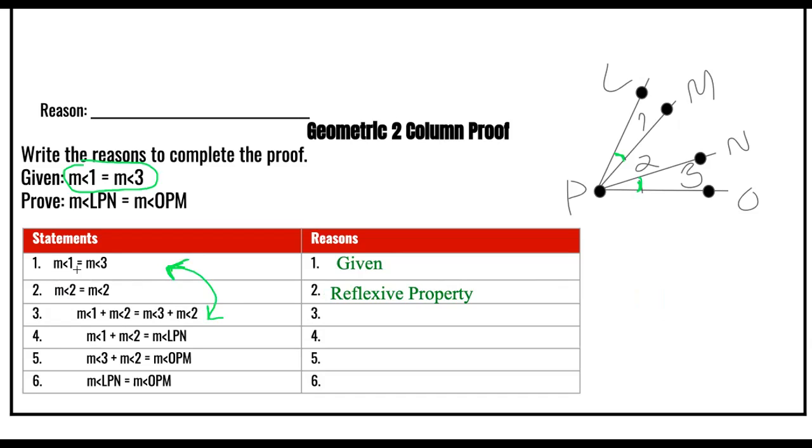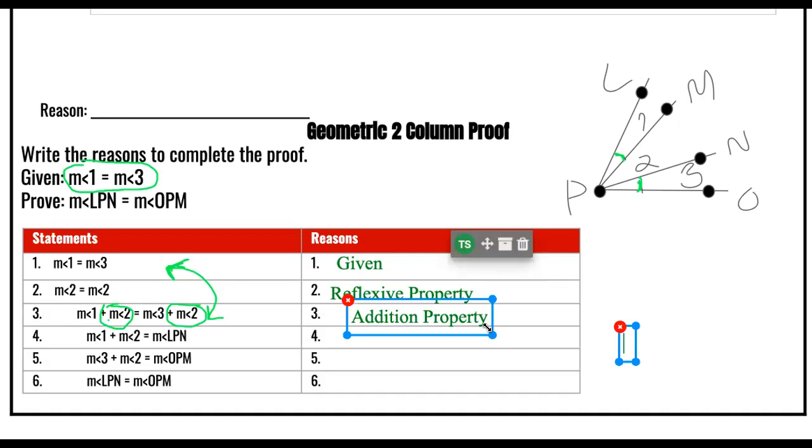See that? But what did they do? Looks like they added angle 2 to both sides. So they added the same thing to both sides of the equation. And anytime you do that, that is the addition property.